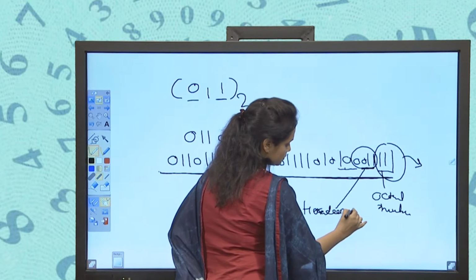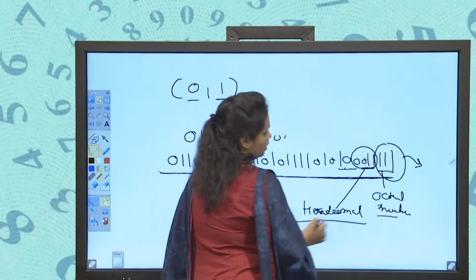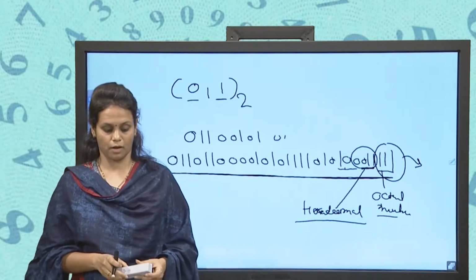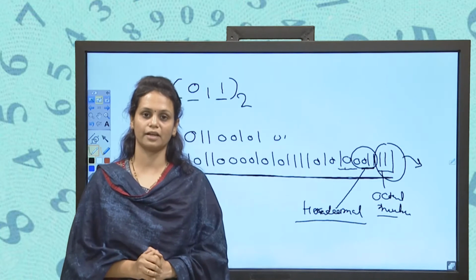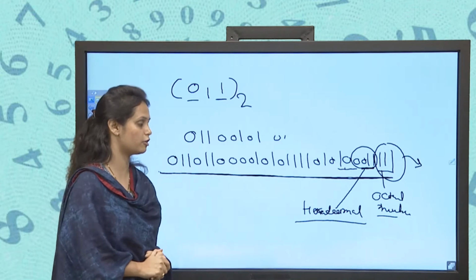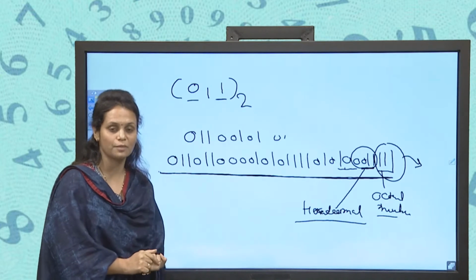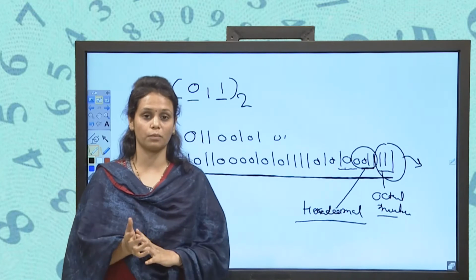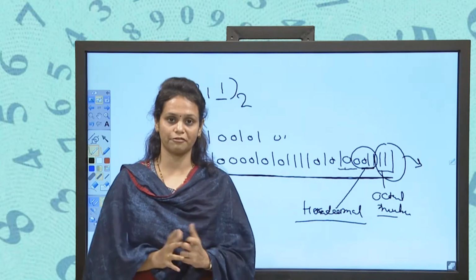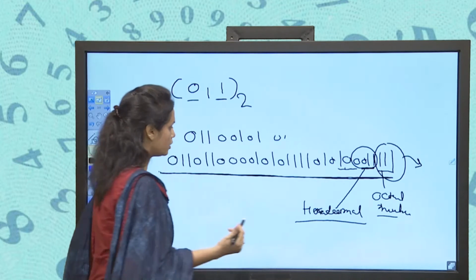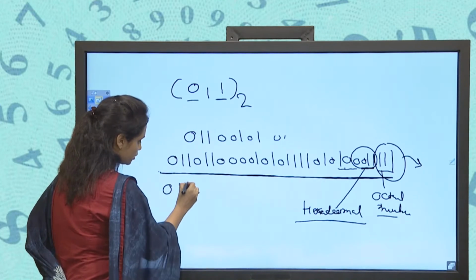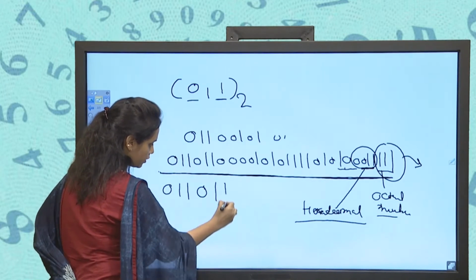Now see, you might have one question: why do we make groups of only 3 and 4, why do we not make groups of 2? We can make groups of 2, but it will not give too much advantage in the representation. Suppose we have one number 0 1 1 0 1 1.